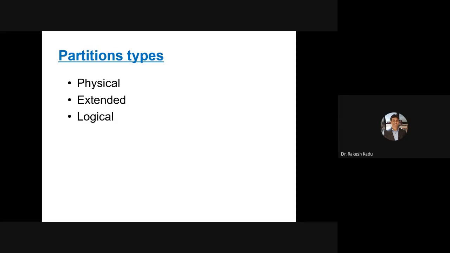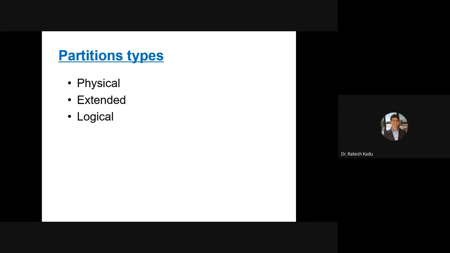So for resolving that particular limitation, we have another kind of partition on the storages. We have physical devices, and physical devices can have primary partitions, but we are only able to create 4 primary partitions.